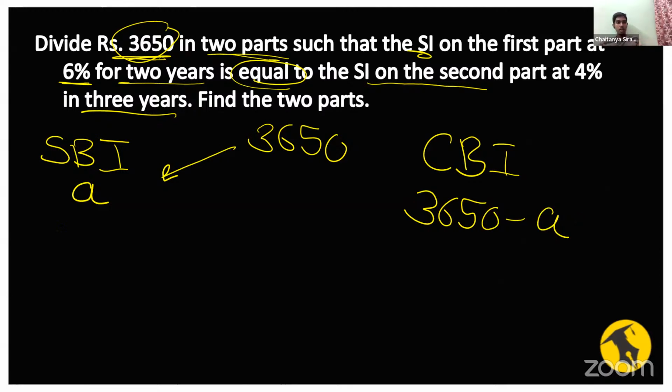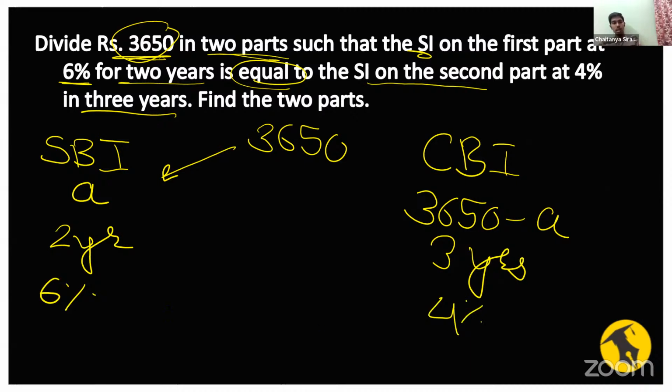You are keeping here for 2 years, here for 3 years, here at 6% rate of interest, 4% rate of interest. And you have been told that the simple interest in both the cases is same. Can you find out the parts? Can you find the value of A? So it's simply just put the formula of simple interest.